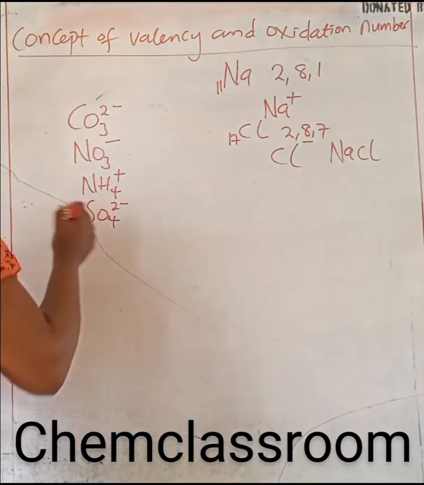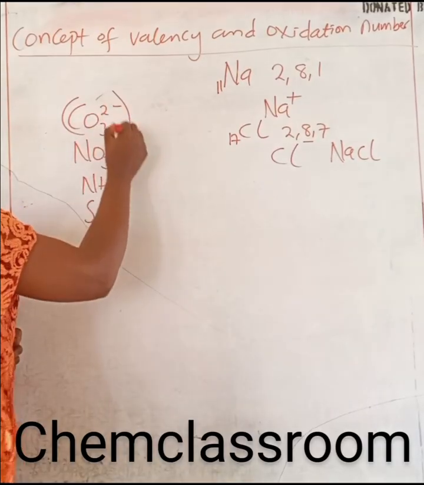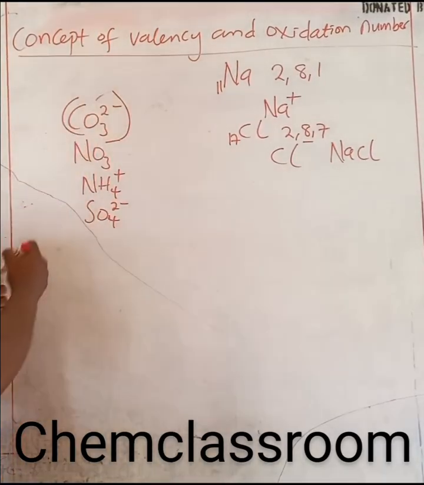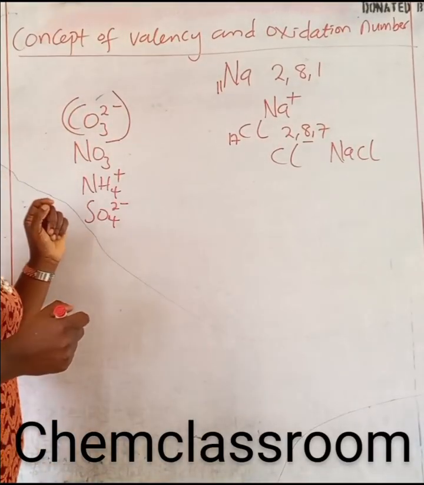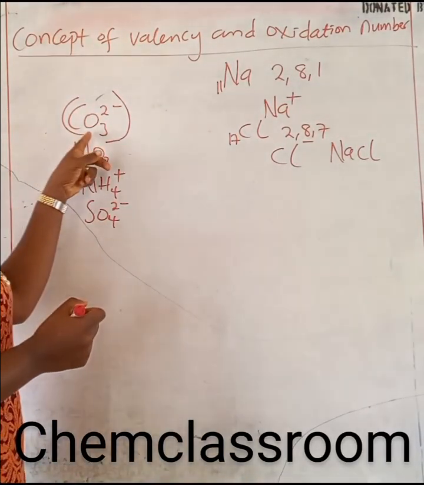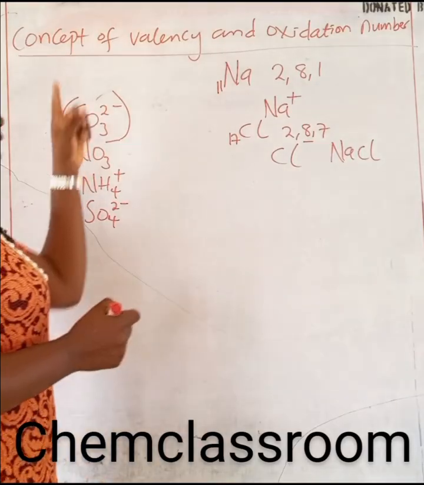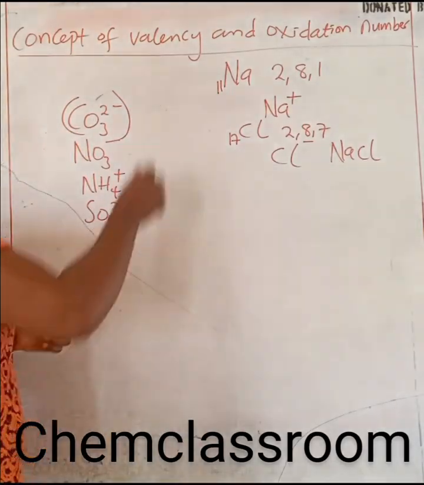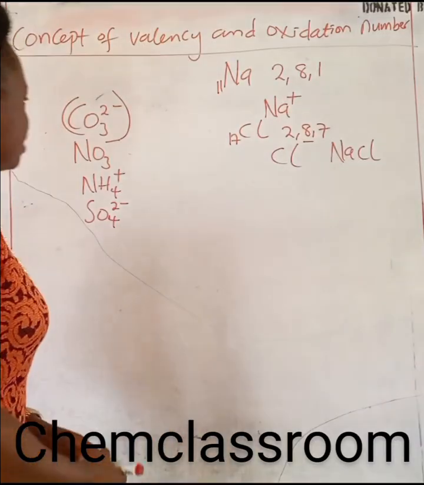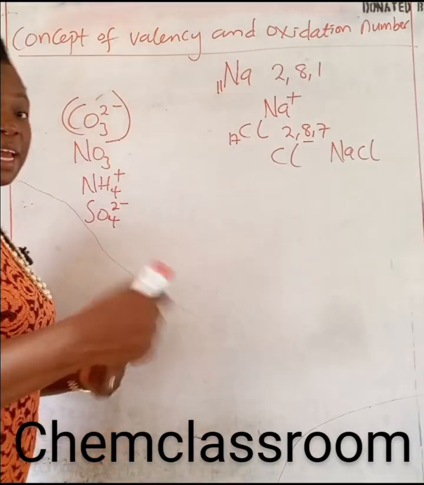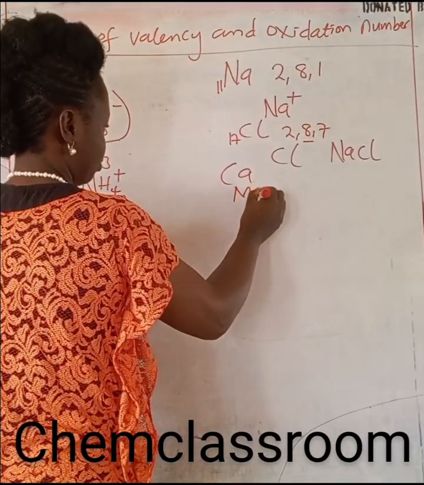Now, look at our CO3 2 minus. Everything here has an oxidation number of -2. So as it is, it's going to look for an atom that is willing to give 2 electrons. A very good example is our group 2 elements, your calcium or magnesium.